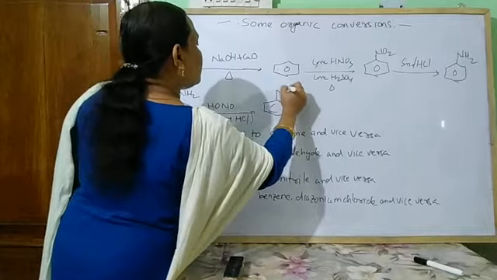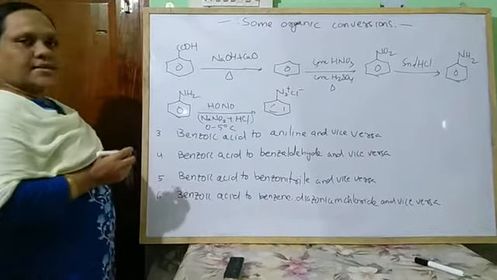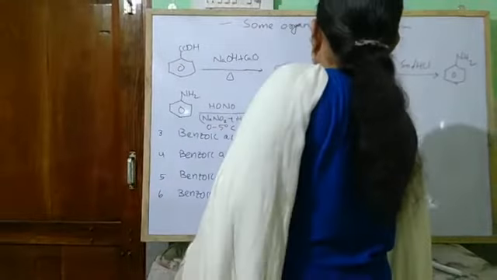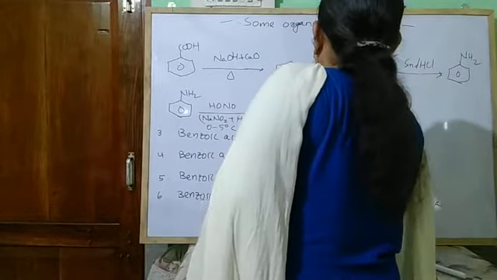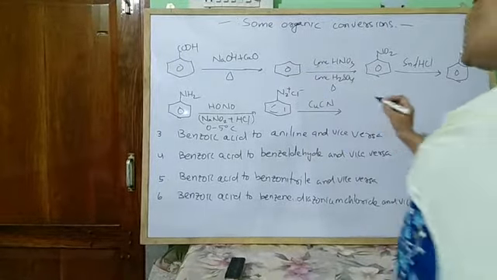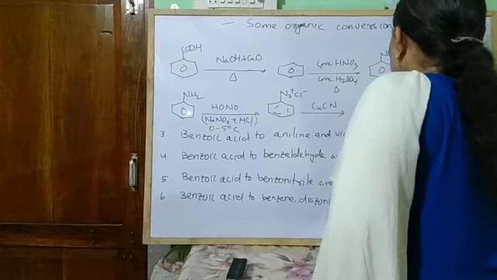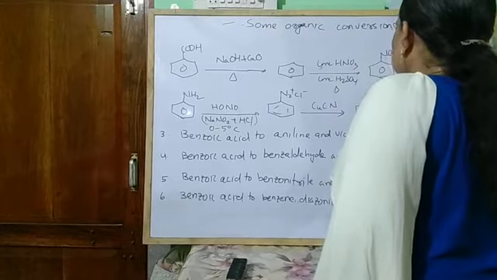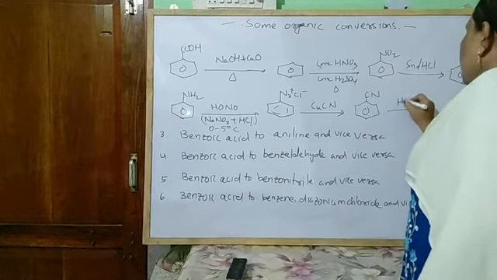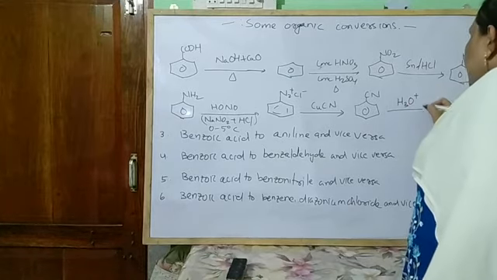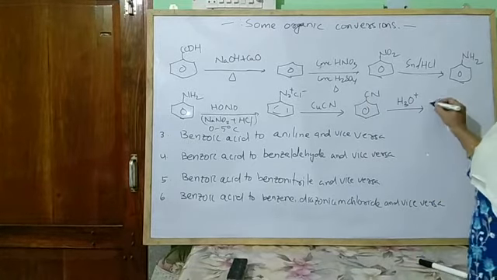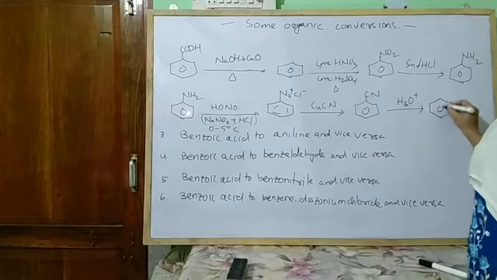This salt, benzene diazonium chloride, when treated with copper cyanide, in what is generally called Sandmeyer's reaction, forms cyanobenzene or benzonitrile, which on acidic hydrolysis has its CN group converted to a carboxylic acid group.